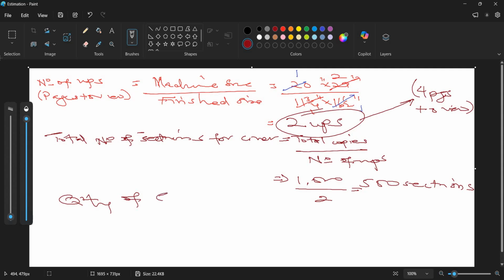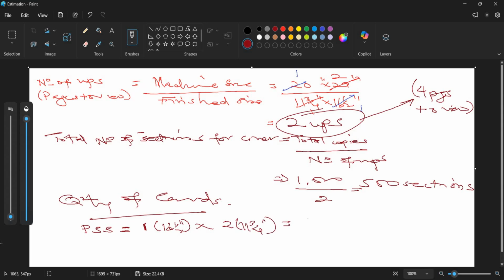Then we move on to solve for our PSS, because you are coming to solve for quantity of cards. Here it's not paper, quantity of cards. So quantity of cards, we'll read PSS. Then when you come to your PSS, you come to your number of ups. Now one is for the 16, so you multiply the 1 by the 16.5 inches, and then you multiply the 2 by the 11.75.